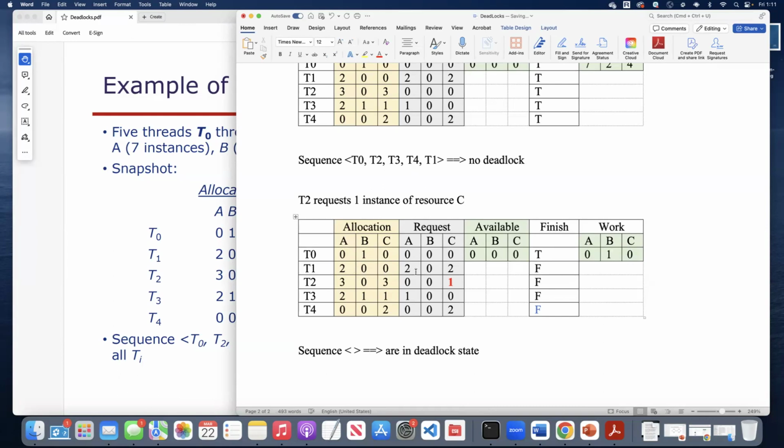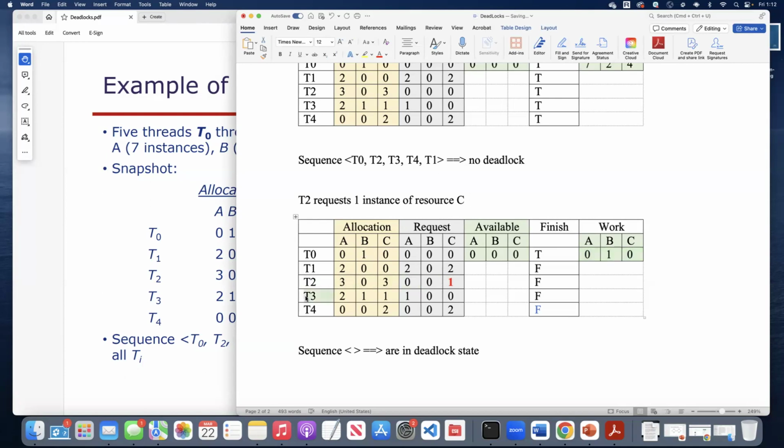And then T1 is unfinished, but T1's request is greater than work, so T1 cannot finish. And then thread T2 request 1C, and now we don't have any instance of C available, so T2 cannot finish.